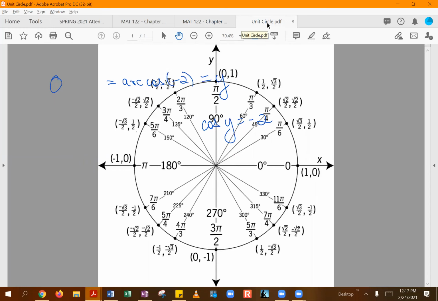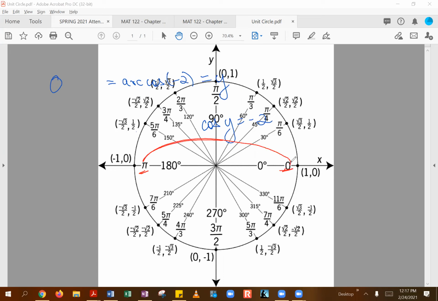Billy, Abdulaziz, Jack, you are all going with impossible or undefined. So what's happening is with your cosine function, you are restricted with your values between 0 and pi. So you're only looking at these angles over here.